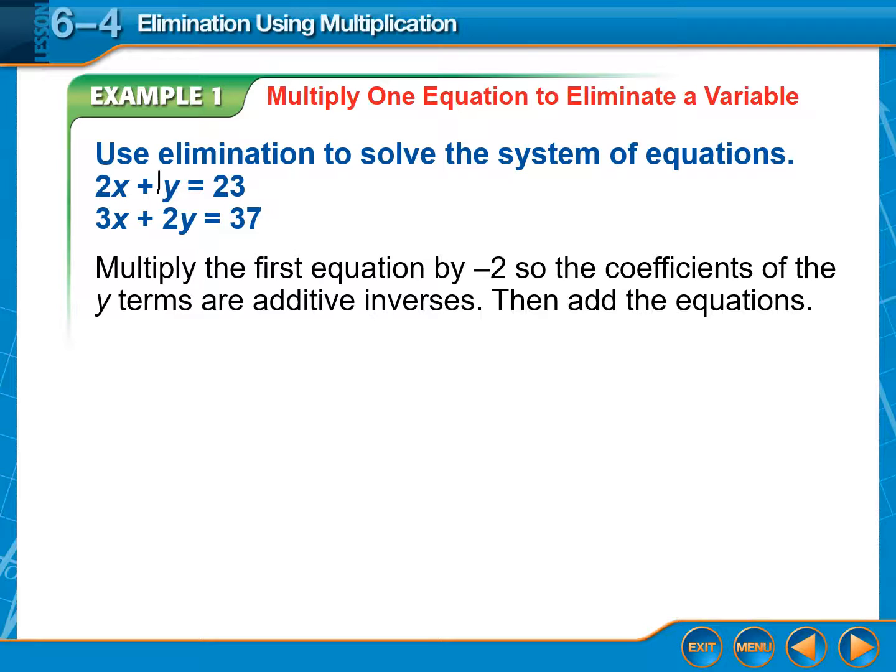That's what we're doing here. We're looking for how to change either x or y so that they're the same number. So we're looking for a common coefficient between them. The easiest one that I would do is to take this first equation here, 2x plus y equals 23. And if I multiply 1y times 2, it'll give me 2y.